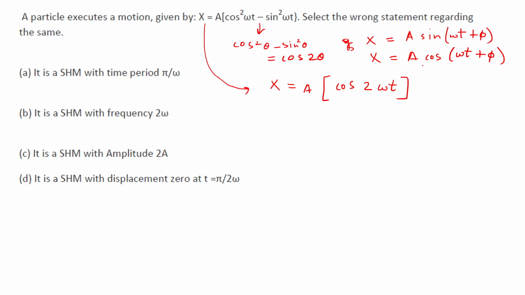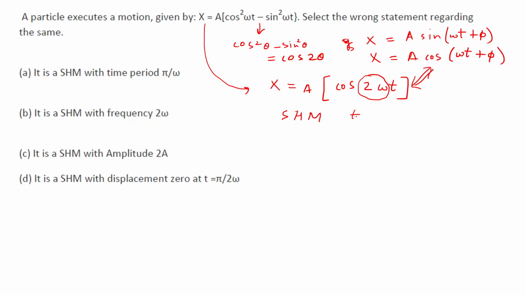So if you compare, this comes in the same form. This is the amplitude, the angular frequency here has become 2 omega, and the phase is 0 it seems, but it comes in the same form. So we can say that yes, it is simple harmonic motion, but it's simple harmonic motion with period.